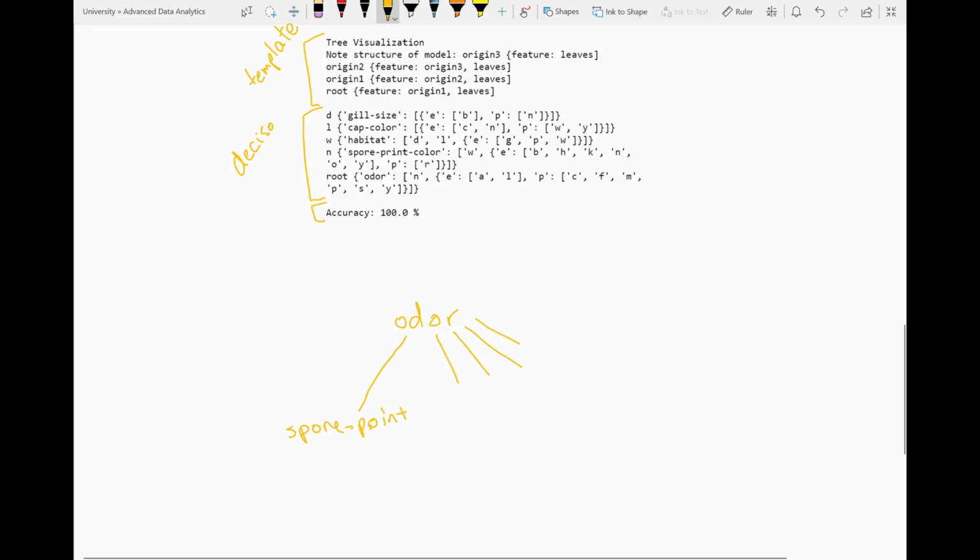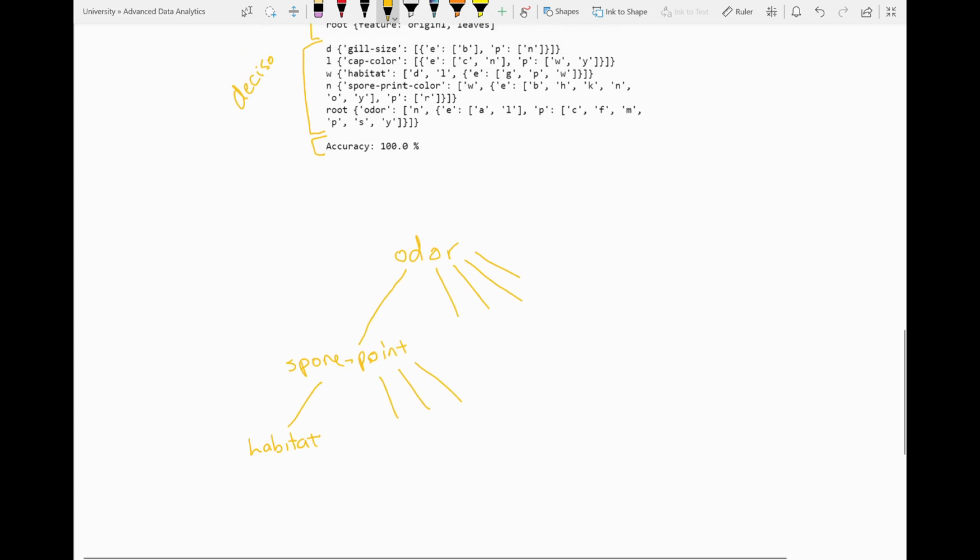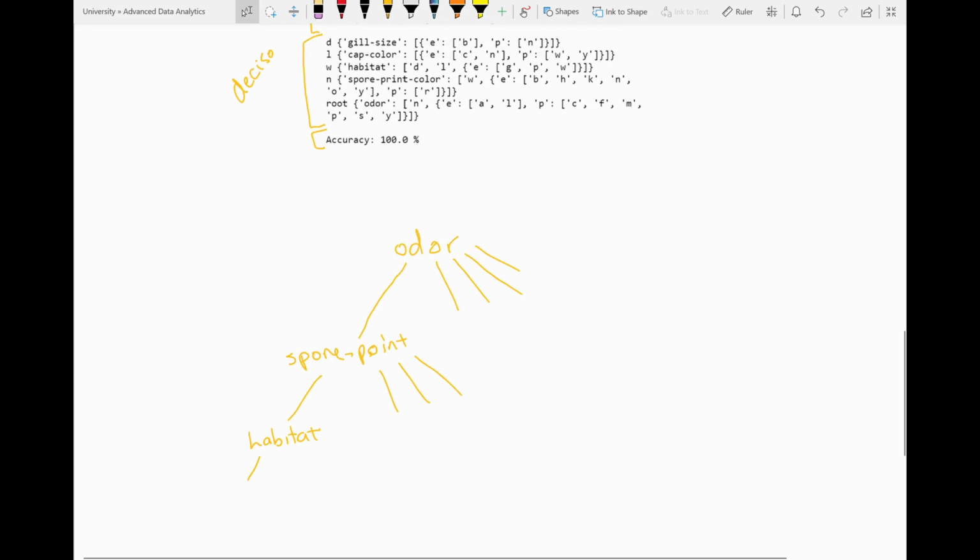The second one, 4 points, split it up into habitat, and similar to odor, it had its leaves. Then habitat split it up into cat color, and then cat color split it up into gill size.